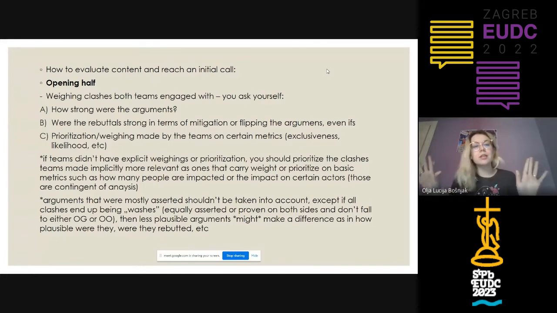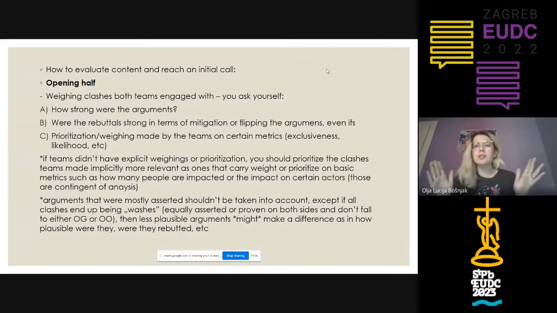What is then important to take into account are two things. One, if teams don't have explicit weighings or prioritization at all, so you're stuck in a deadlock where people make claims and say other claims are not true, but with very little engagement and equally well done arguments, I think you should then prioritize the clashes that teams made implicitly more relevant, right?